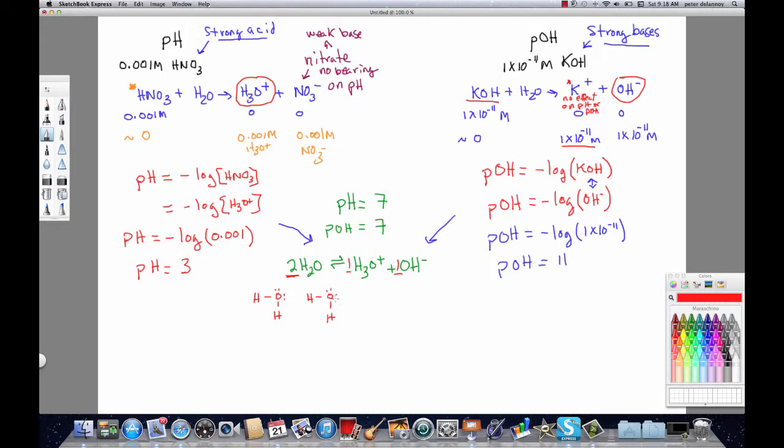And remember from the previous playlist that ionization means the formation of ions, and you can see what we're forming is the H3O plus and the OH minus. Now, it's important when we talk about how this happens to remember the relationship between the oxygen and the hydrogens in the water molecules, because the oxygen is electronegative by comparison to the hydrogen, and that means that the electrons that are shared between the oxygen and the hydrogens are not shared equally.